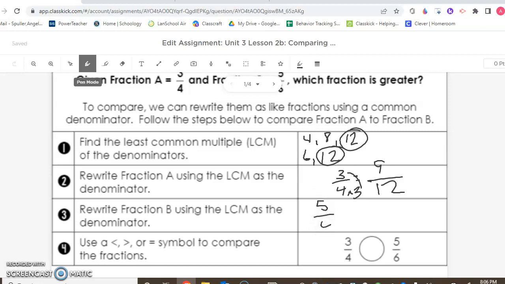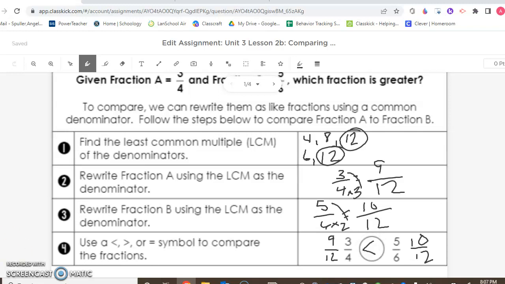I'm going to change it into an equivalent fraction that has 12 as the denominator. 6 times 2, so I'm going to come up here and do it. 5 times 2 is 10. So now this is equal to 9/12, and this is equal to 10/12. And now that we have them on the same denominator, we can definitely see that this is the smaller one.